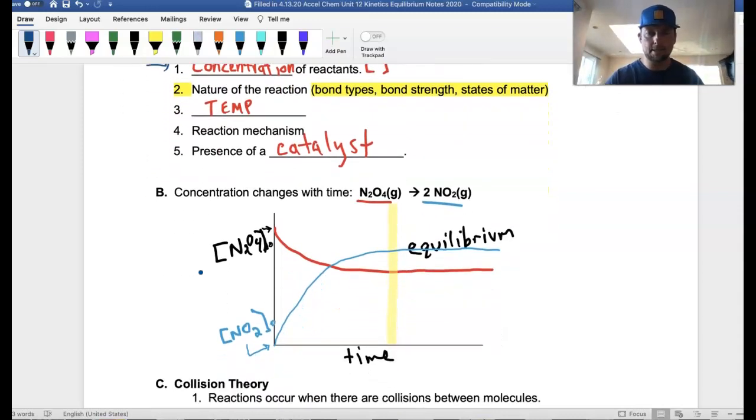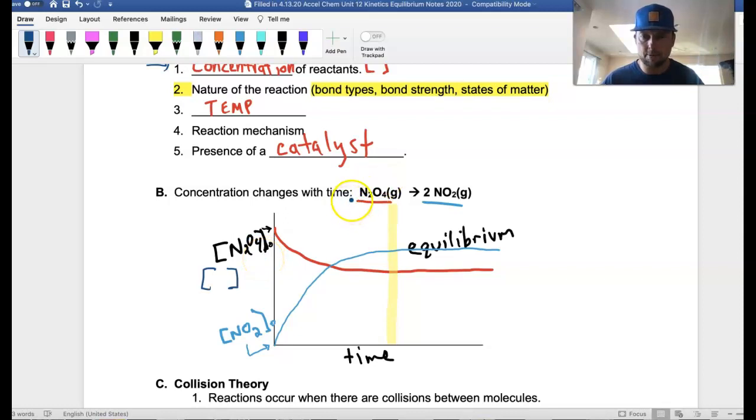We talked a little bit about what a concentration versus time graph would look like for this reaction. And notice the important thing is the blue one, the NO2, the initial concentration of 0, that concentration is going up at twice the rate that the red one, the concentration of N2O4, is going down.